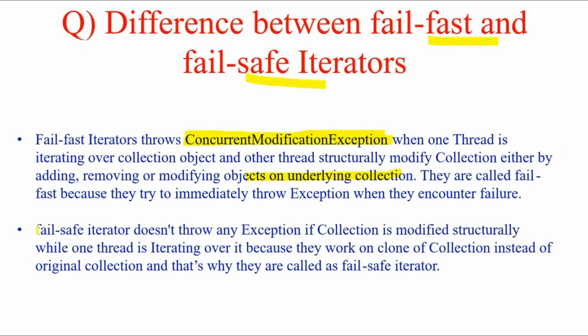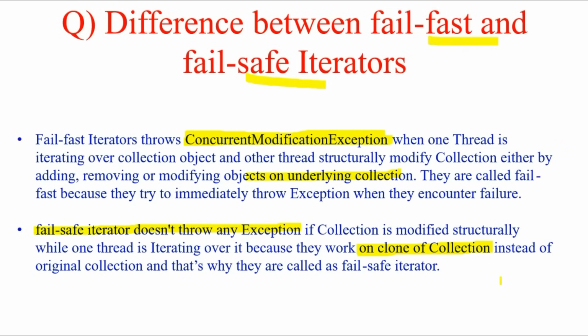But a fail-safe iterator does not throw any exception even if the collection is modified structurally by another thread, because they work on a clone of the collection. This is a very important feature. Whenever you say that fail-fast iterators always throw a ConcurrentModificationException but fail-safe does not, the interviewer's next question will be, why does fail-safe not throw an exception?